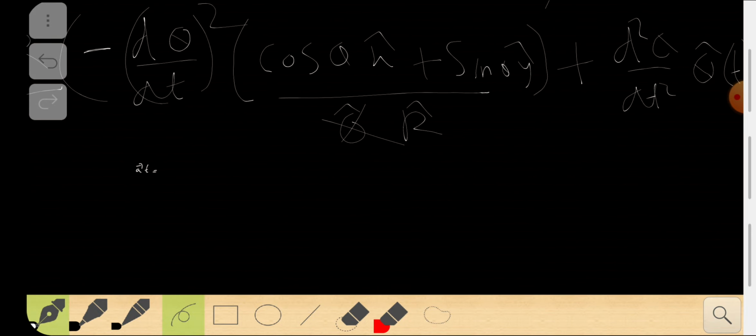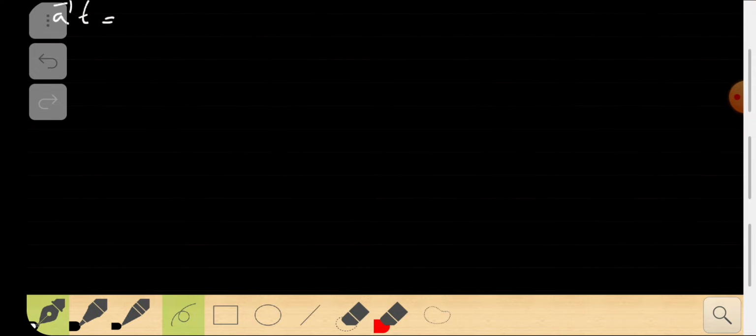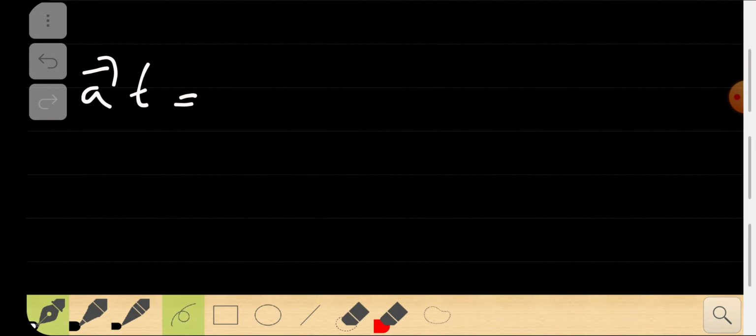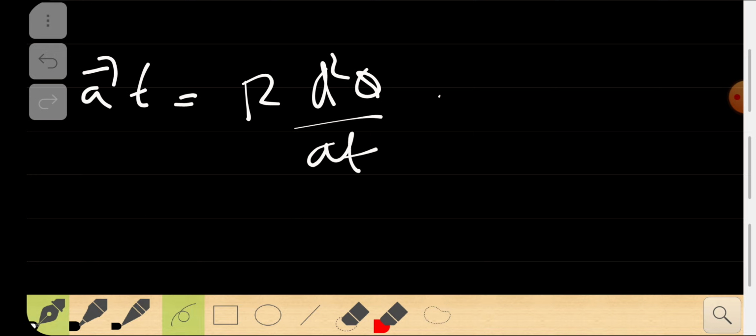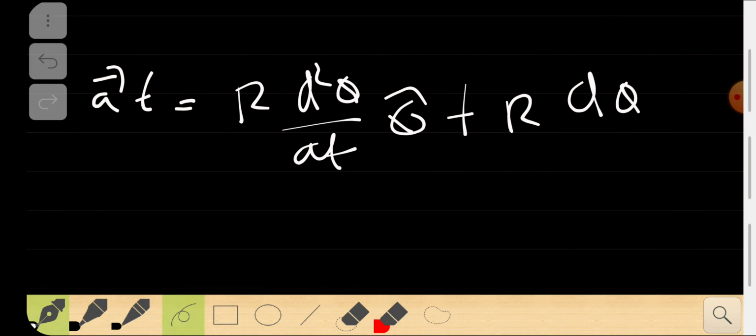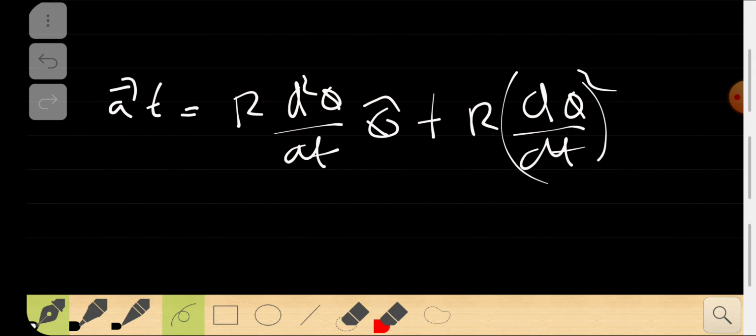So what you get out of this is r times d square theta by dt square in the theta cap, which is the second term, plus r times d theta by dt the whole square, with a minus sign, in the r cap direction.